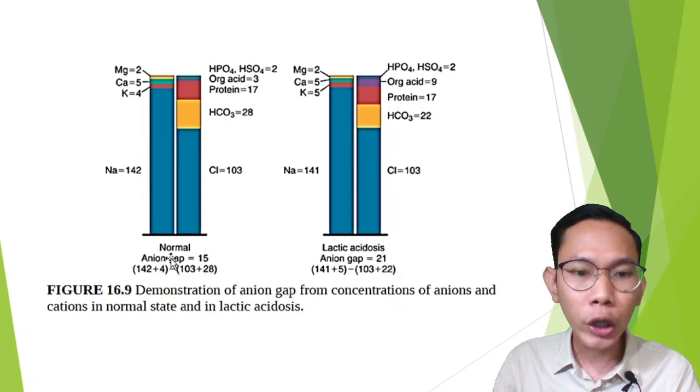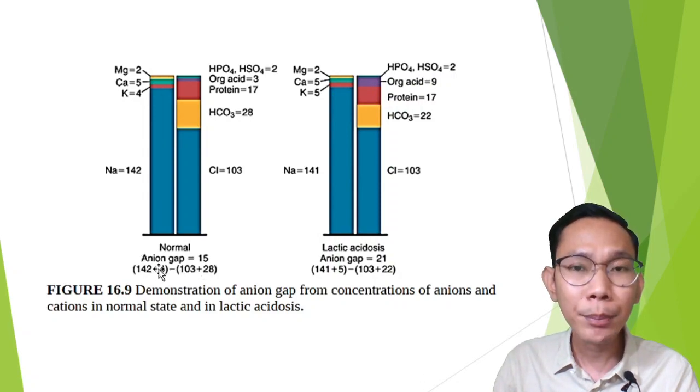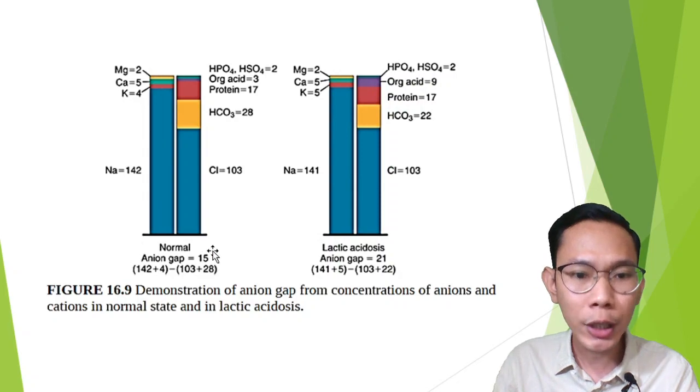For example, pag normal nga, anion gap, diba, normal range ng ating anion gap is between 10 to 20. So this is normal. Paano ito na-compute? Remember your sodium. Sodium is 142. 142 plus 4. Ano yung 4? Potassium. So, sodium plus potassium. 142 plus 4. Isasubtract mo yan sa ating chloride plus your 28.